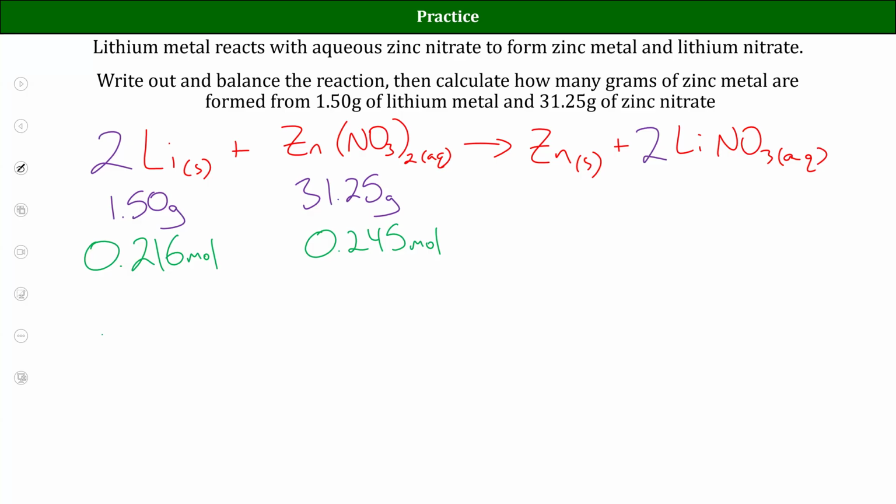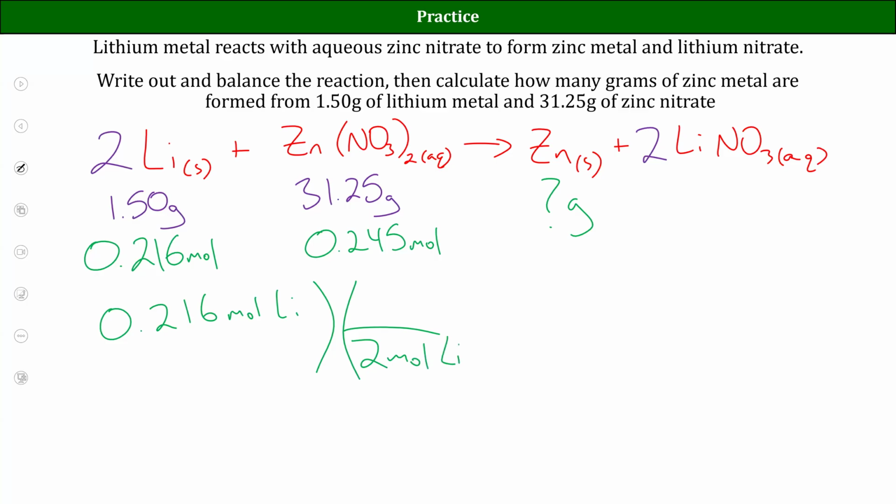So if I have 0.216 moles of lithium, we're trying to figure out how many grams of zinc metal. So we're trying to get that answer there. Let's just figure out our theoretical yield from both of these and see which one's less. For every 2 moles of lithium, that's 1 mole of product of zinc.